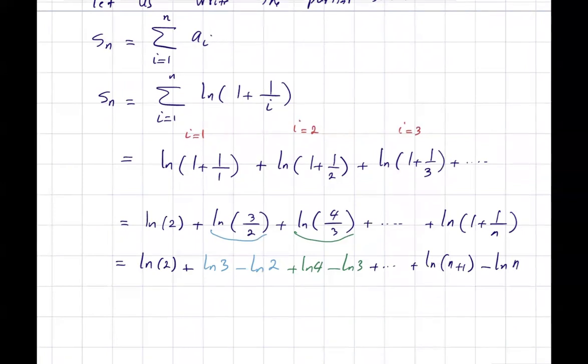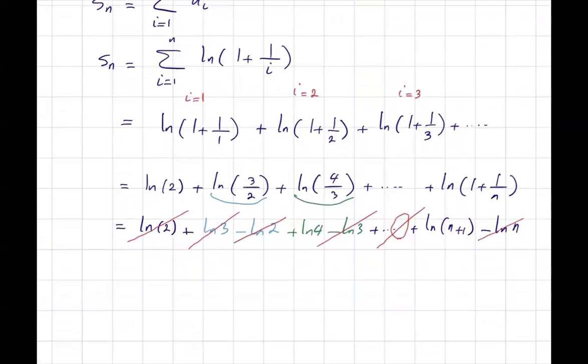What's happening here? Guys, I can cancel out ln of 2, negative ln of 2, ln of 3, negative ln of 3. I can cancel out negative ln of n and the term which is here, which is going to be ln of n. So what's happening here? I end up with ln of n plus 1.